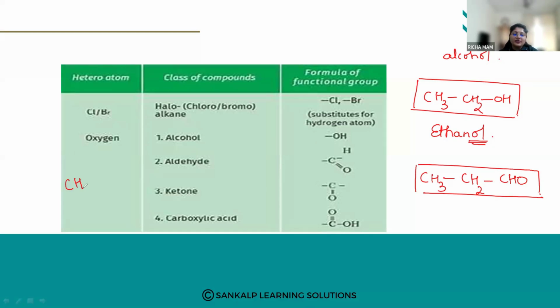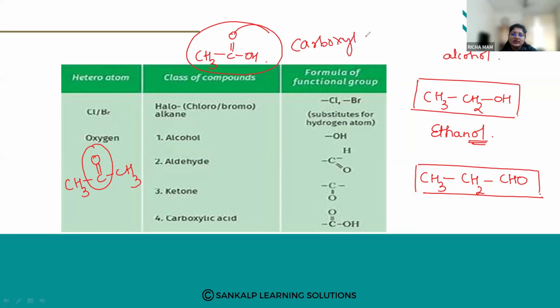Similarly, this is a ketone. So this class of compounds are called ketones. Similarly, CH3 C double bond OH, this is a carboxylic acid. This class of compounds are called carboxylic acids.